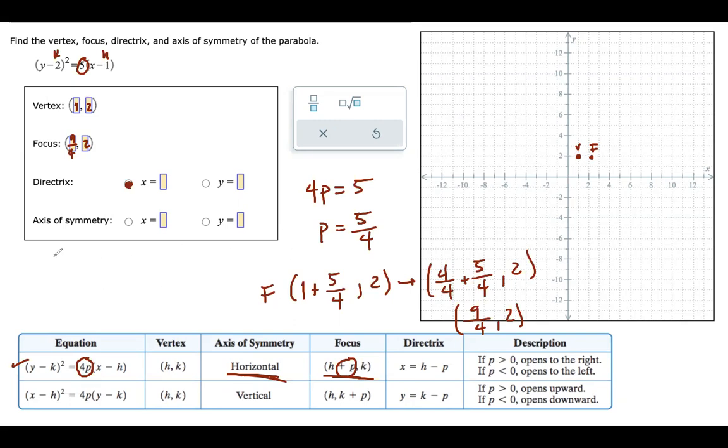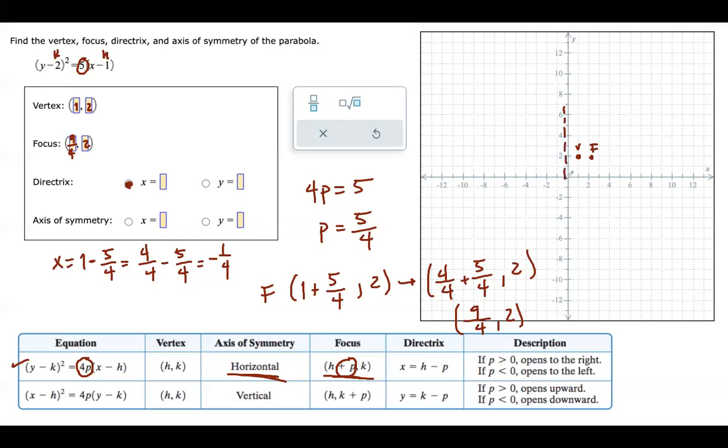So to find the directrix, I'm going to have x is equal to h, in this case 1, minus 5 over 4. So that is 4 over 4 minus 5 over 4 equals minus 1 over 4. So we're going to end up at minus 1/4, and that's going to be our directrix.